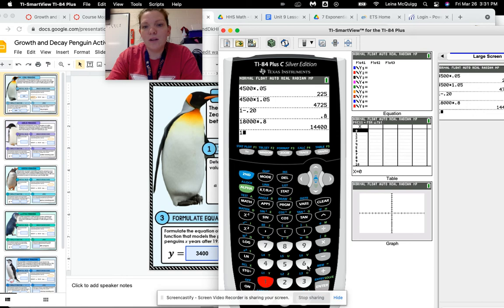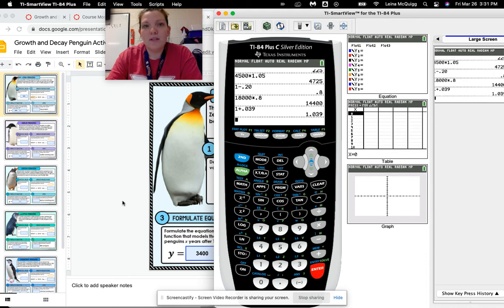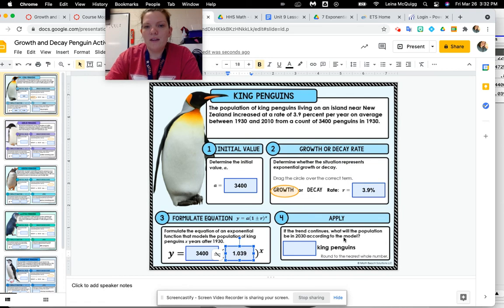So we're going to do 1 plus 0.039, that percent as a decimal. And I get 1.039. So my rate is 1.039. Okay, so now we're taking it one step further here, okay?